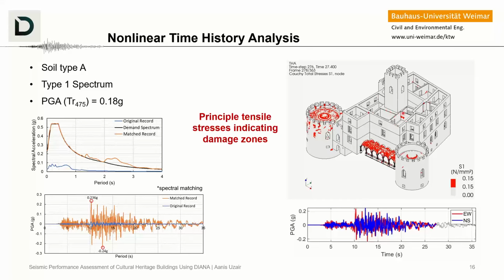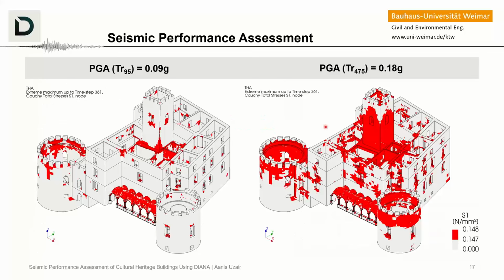You would also see a stress concentration here at the base of the tower because the tower acts as a cantilever body and there is a large concentration of stresses because of higher deflections in the larger tower or the watchtower. There's also stress concentration on the curved shell parts, but this is something that you would see on the next slide in a clearer way.